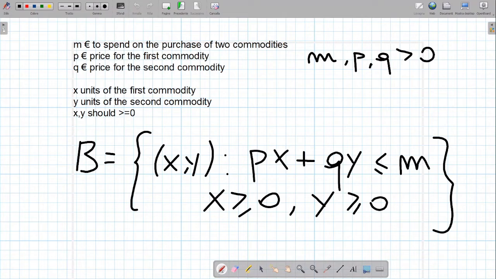Okay, so I want to study with you what is the region that describes this budget set.